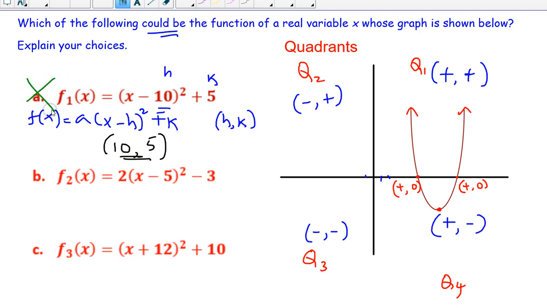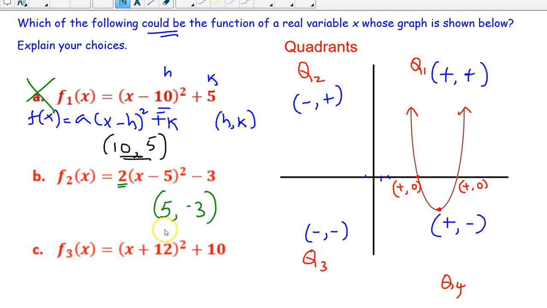A is gone. Now look at this piece. a equal to 2. It is a positive 2. So opened upwards, that is satisfied. Now what is the vertex here? The x value, that is h, is 5. I am saying x coordinate. And the y value, that is the value of k, is negative 3.